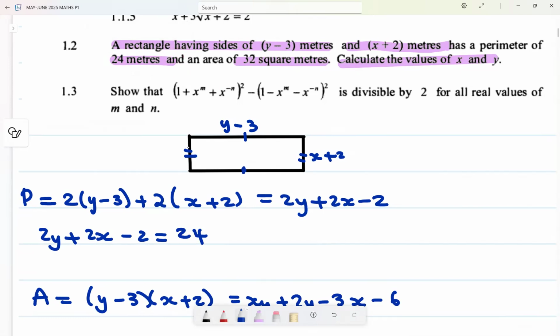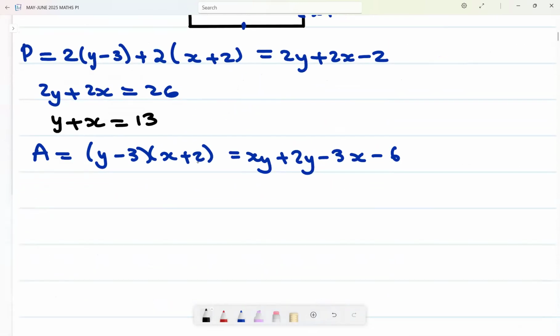If that's the case, it means 2y plus 2x is equal to, when I take the 2 to the other side, 26. I can simplify this further and say y plus x is equal to 13 when I have divided by 2. You can literally do that, guys. It's still fine, or you can continue with this. Let's call this equation 1.